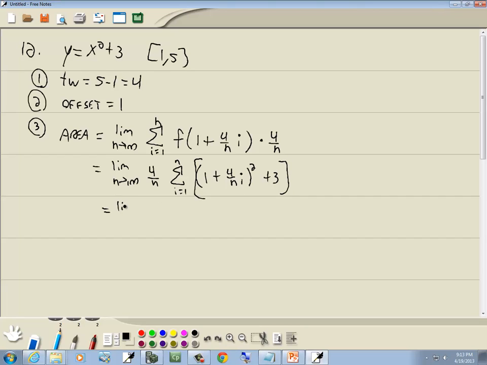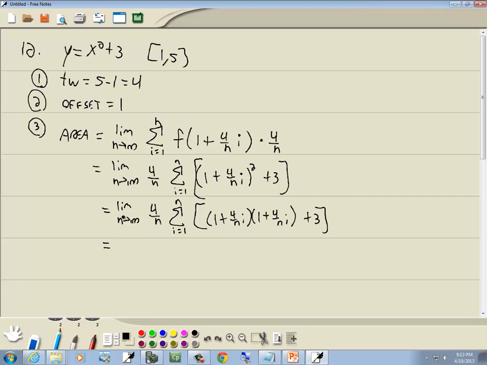So that gives us the limit as n goes to infinity of 4 over n, the summation i equals 1 to n of 1 plus 4i over n times 1 plus 4i over n plus 3.